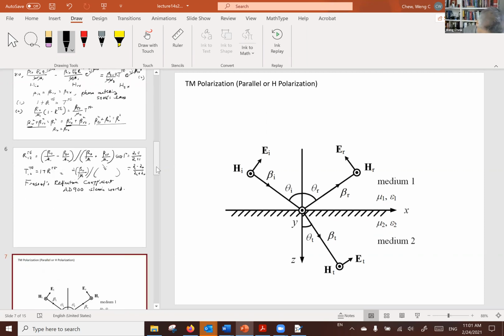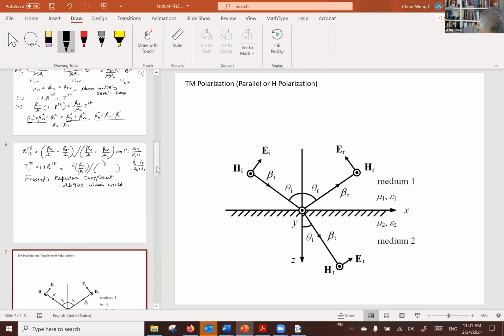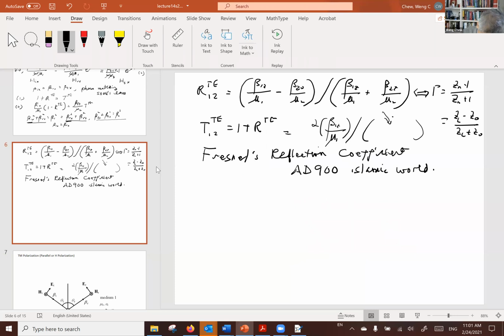Then I can actually write down the solution of this TM polarization. Let me draw a line here, by duality.